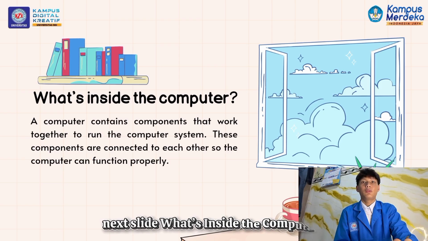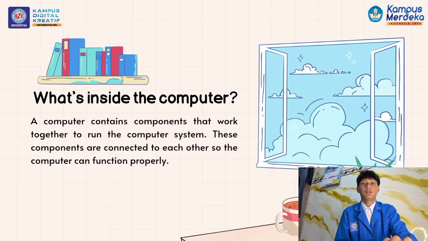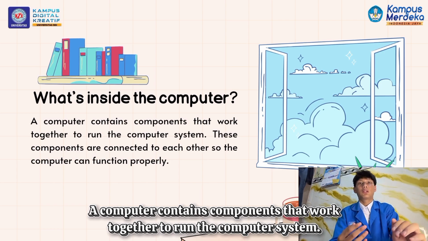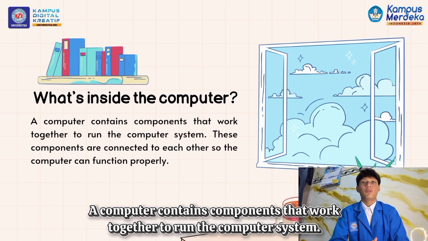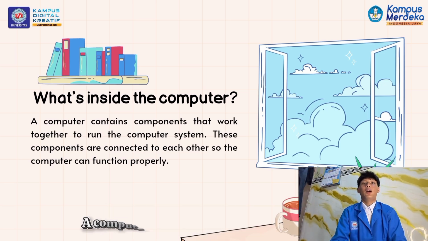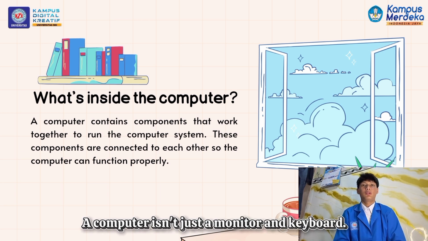Next slide. What's inside the computer? A computer contains components that work together in the computer system. These components are connected to each other so the computer can function properly. A computer includes a monitor and keyboard.